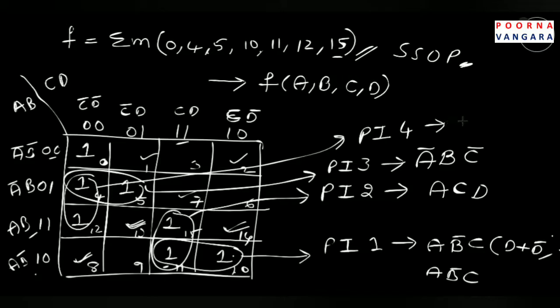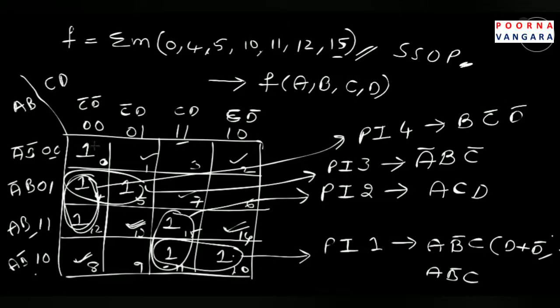In your exam, you should try to use different pens, whichever are allowed, so that you can represent these variations, because I am using only white color, which can be confusing, but if you are following, then no problem. Prime implicant 4 covers this one, and A is changing, and the column is C bar, D bar.